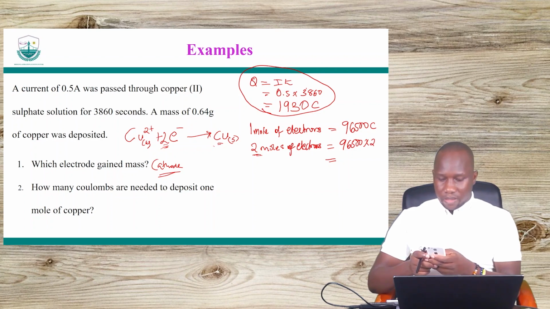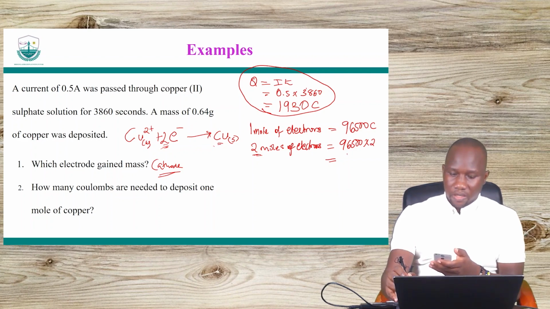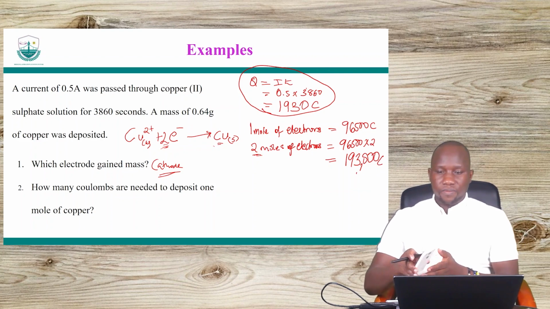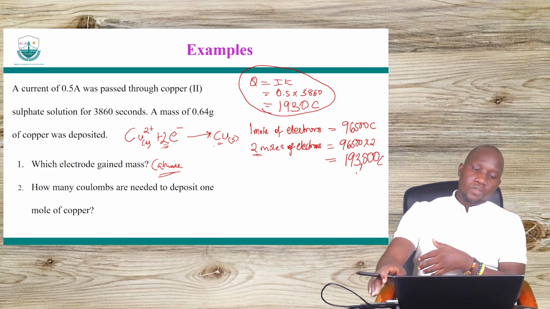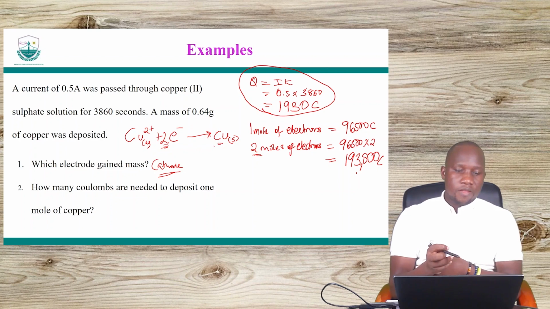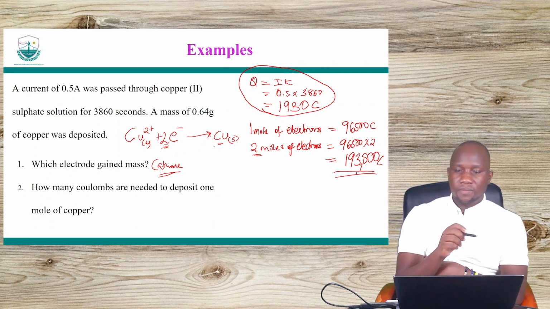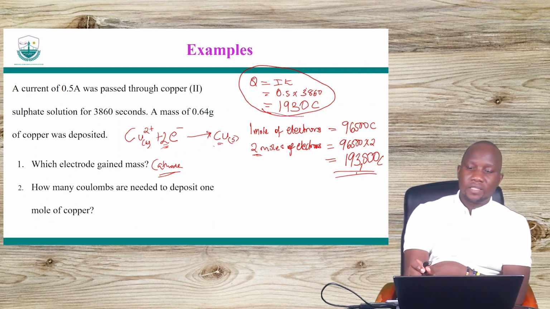So let's get that. 96,500 times 2, so you actually get 193,000 coulombs. This is what is needed there. If we had a question that asked us to calculate the quantity of electricity passed, this is what could have been the answer.